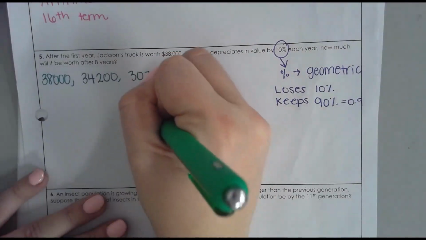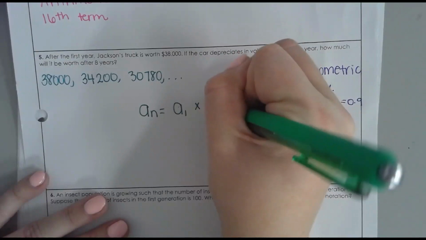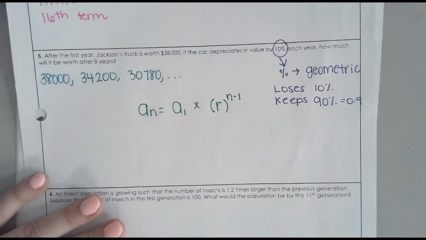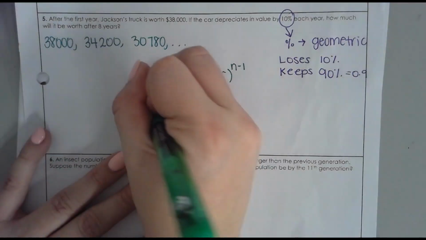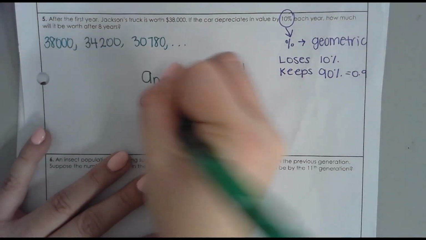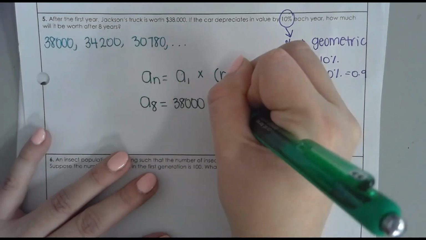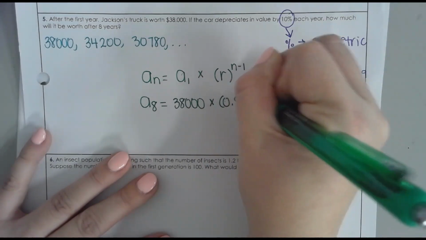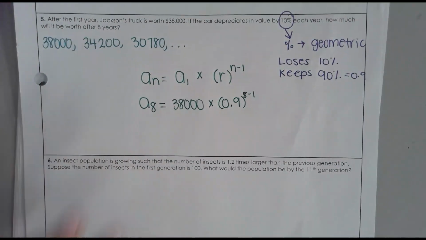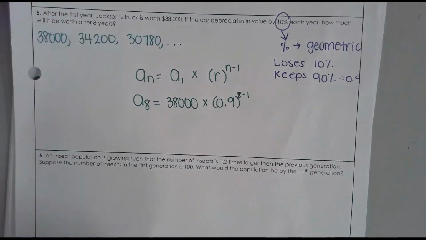So AN equals A1 times R to the N minus 1 power. So then I fill in my A1, I fill in my R, and my N is 8.